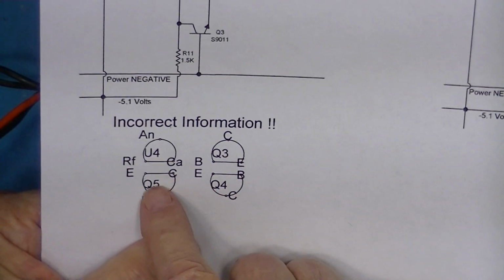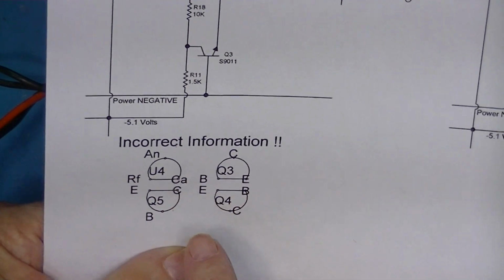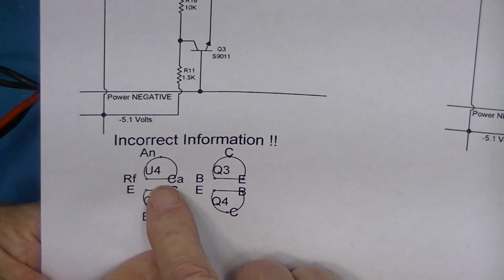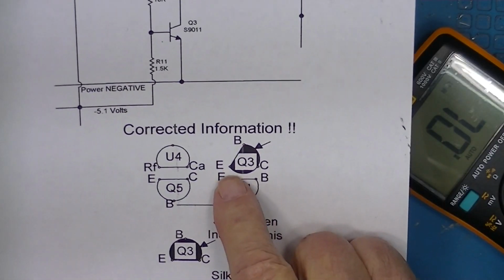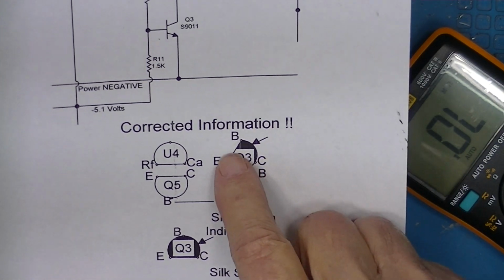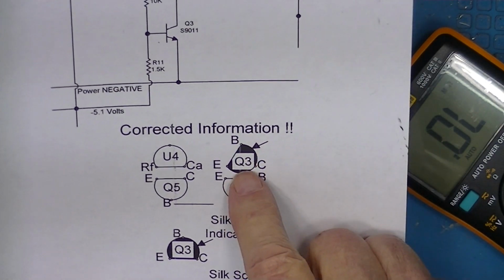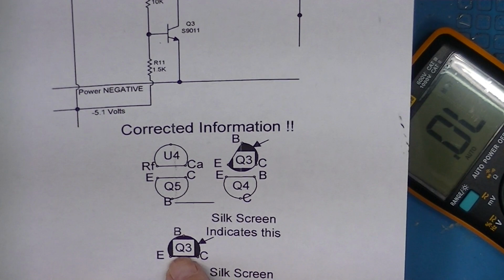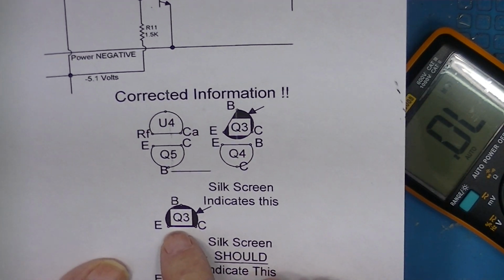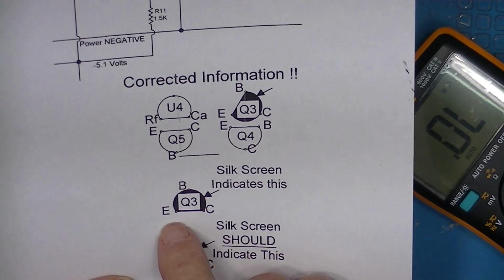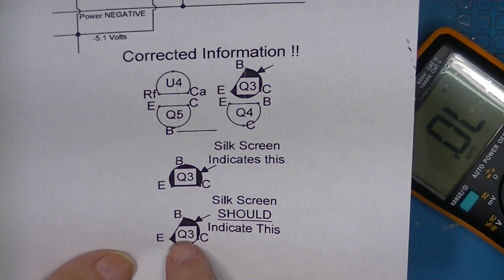This is the way the silk screen appears on my circuit board. I believe that this is how Q3 needs to be inserted. Not this way, but this way.